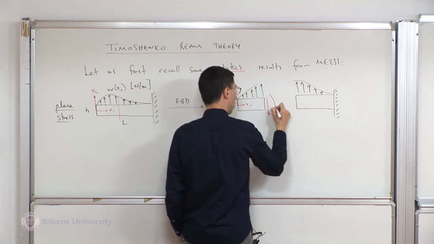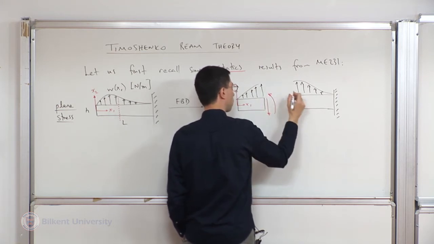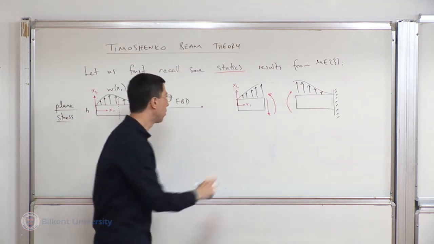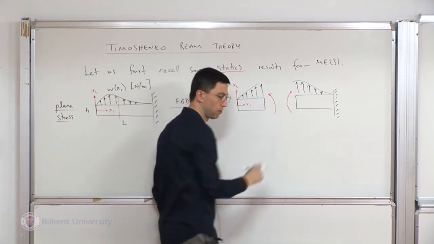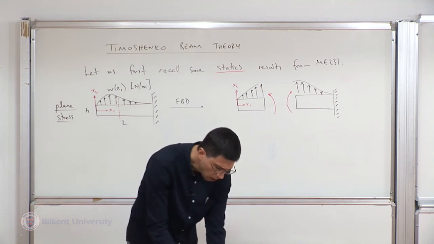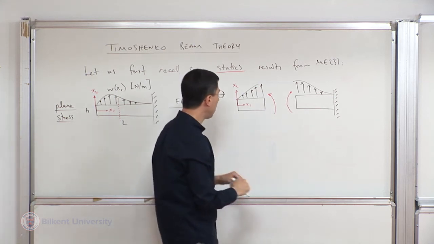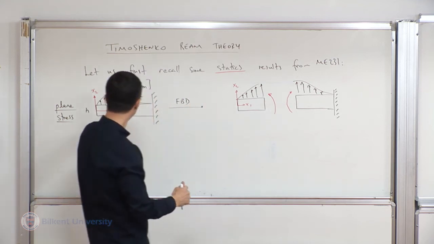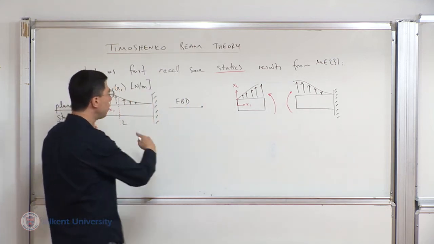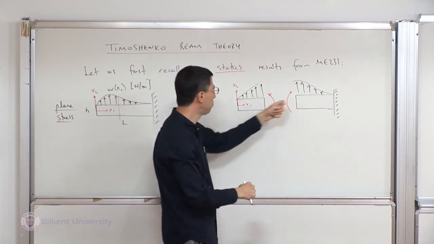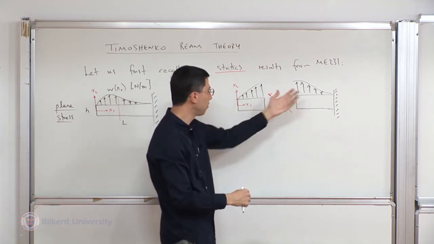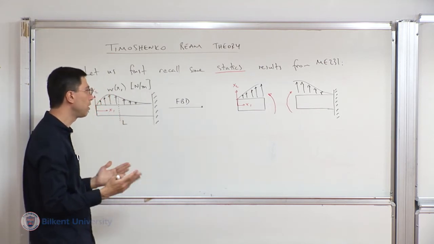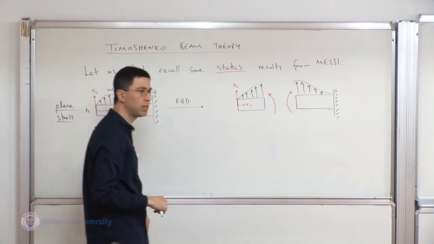moments. Our argument in ME 231 was that I want to pick a convention such that when you look at a cross-section, irrespective of which body you choose, the left or the right free body diagram, when you say, let's say, the internal bending moment is 10 Newton meters, I understand exactly what you're talking about.